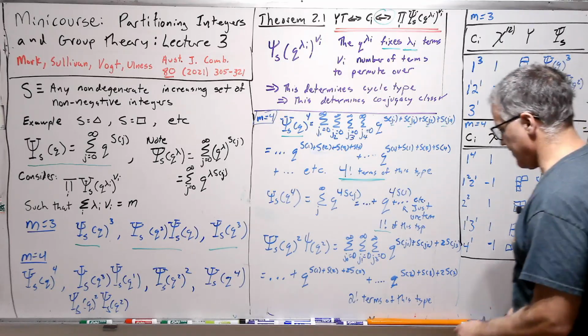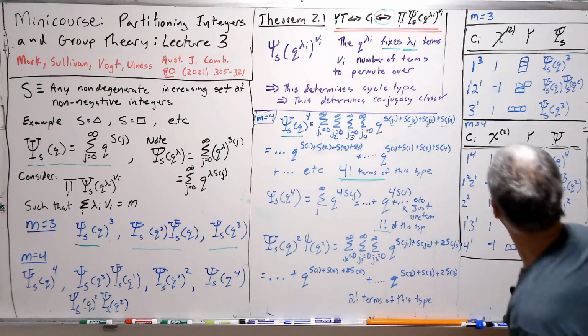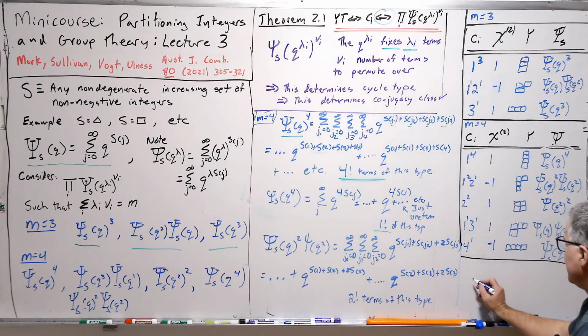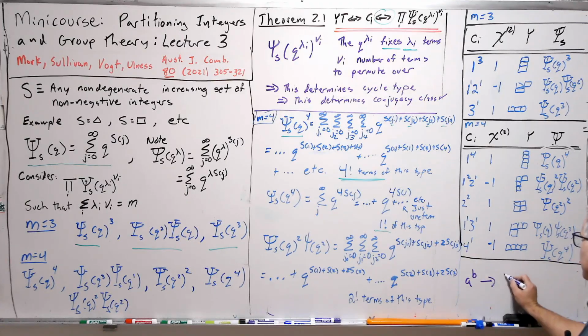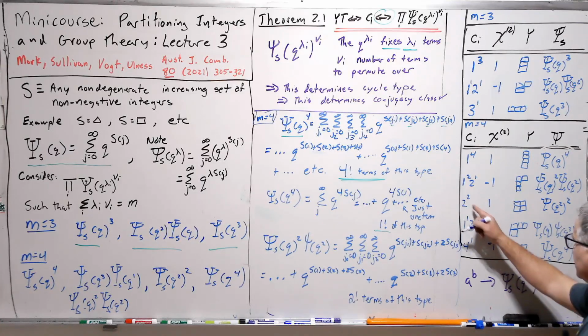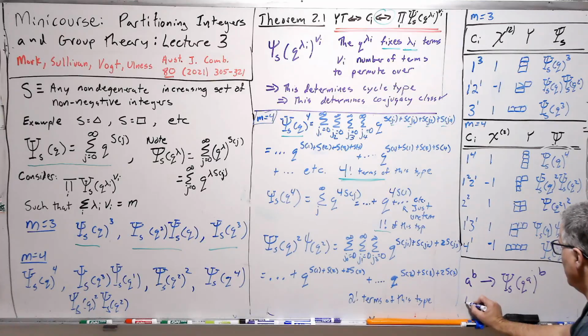And the recipe for that is if we have a conjugacy class of, say, A, B, then we would write psi of q to the A, and then the whole thing raised to the B. So let's try that with this one here. 1, 2, 2, 1.